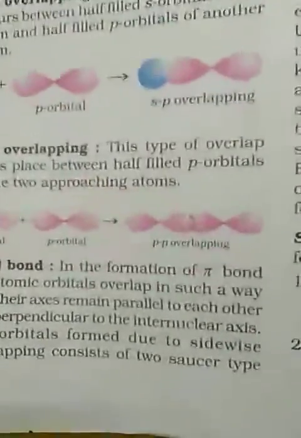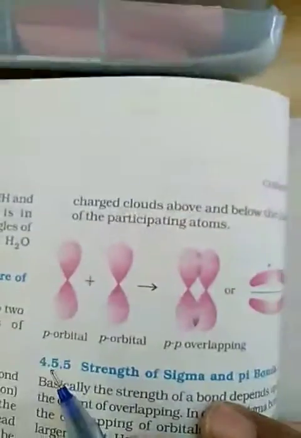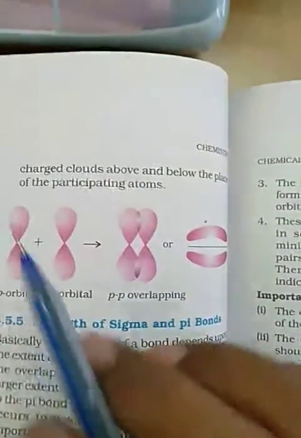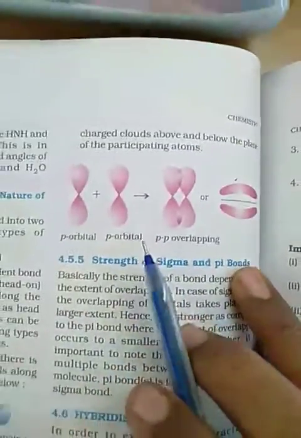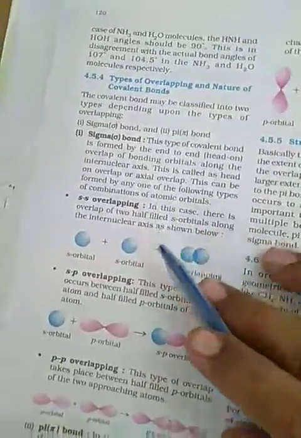This sidewise overlapping consists of two saucer-type charged clouds above and below the plane of the perpendicular atom. Okay. So in overlapping, sigma bond has three types and pi bond only pp orbitals.